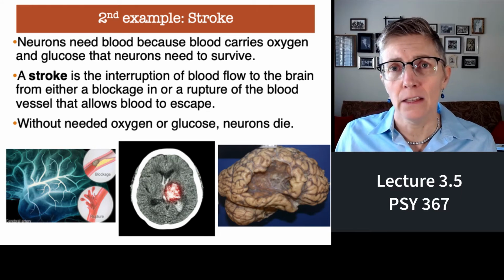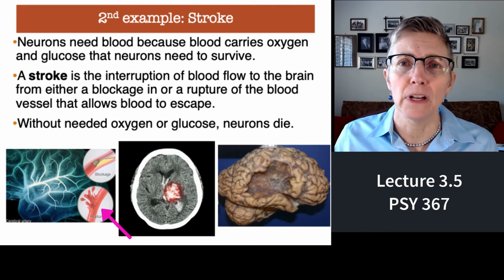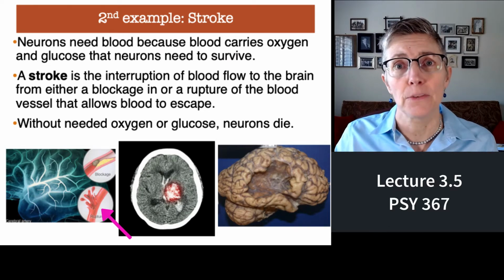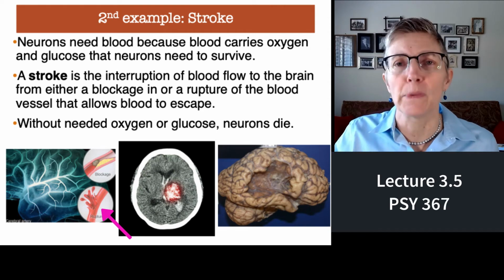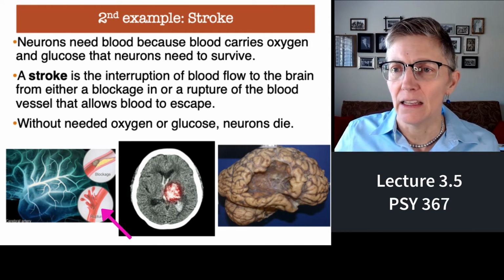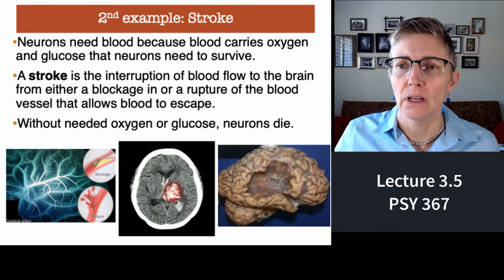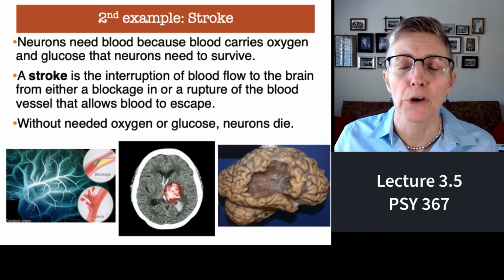And the second, rarer type of stroke comes from a blood vessel that leaks. So not much of the blood goes down the blood vessel because it's leaking out of the blood vessel and into the area outside of your brain.